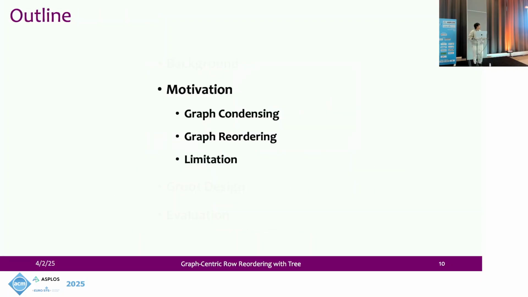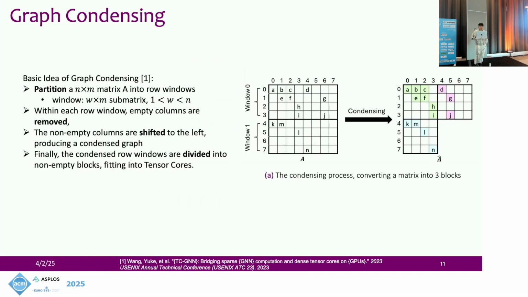So with this background information, I'm going to further motivate our research. One way to bridge the gap between the sparse matrix and the dense tensor cores is the technique of graph condensing, which restructures the sparse matrix.